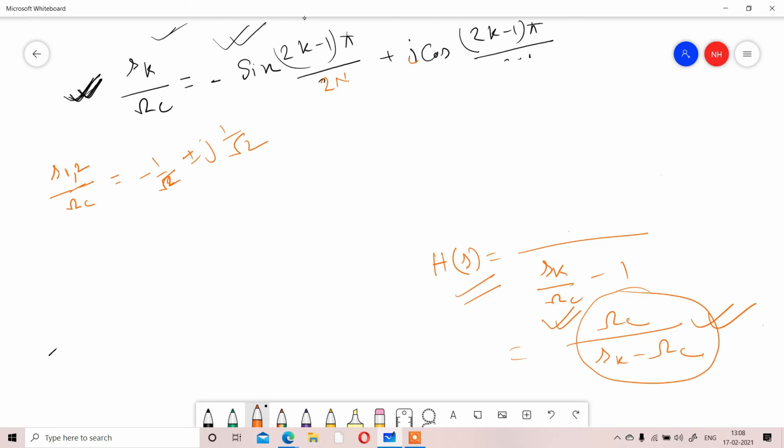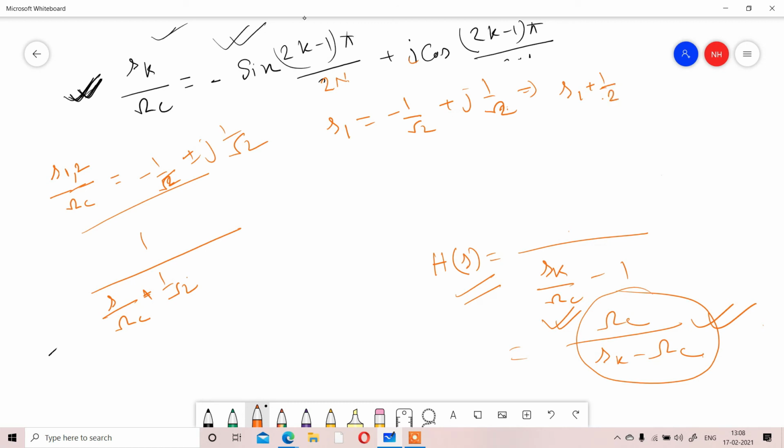So what will be the transfer function for order 2? 1 by s by omega c plus 1 by root 2. What are the poles? Look clearly. S_1 that you are getting is minus 1 by root 2 plus j 1 by root 2. That means s plus 1 by root 2 minus j 1 by root 2.